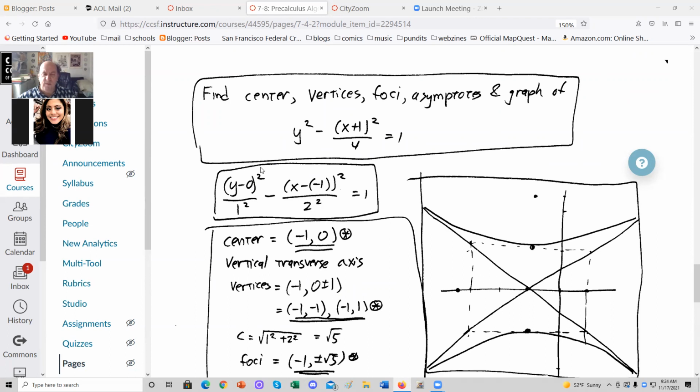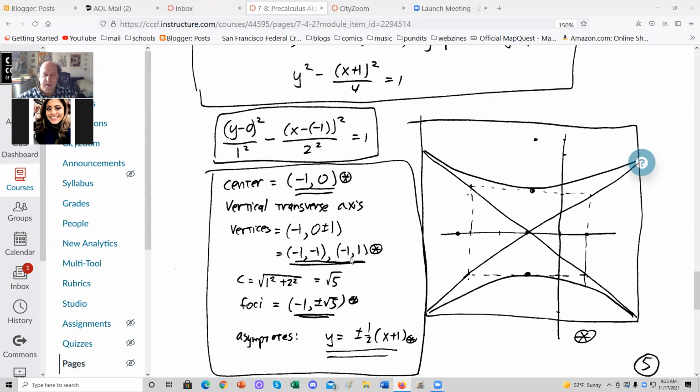It's a vertical transverse axis, so you go plus or minus 1 from there: negative 1 by negative 1 here and negative 1 by 1 here. The distance to the foci is root of 1 squared plus 2 squared, that's root 5. So negative 1 by root 5 and negative 1 by minus root 5. Asymptotes will be y equals plus or minus 1/2 of x plus 1, here and here.